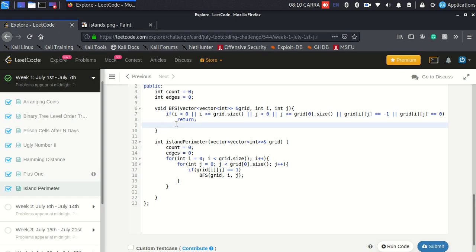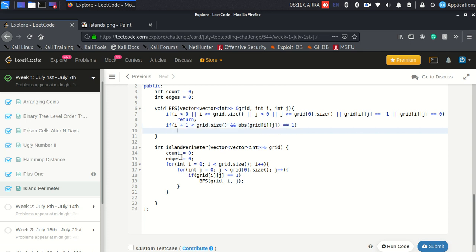So what I'll do is if I plus 1 is valid, so if I plus 1 is less than grid dot size, and absolute value of grid of i comma j is equal to 1, then I will update my edges count, edges plus plus.